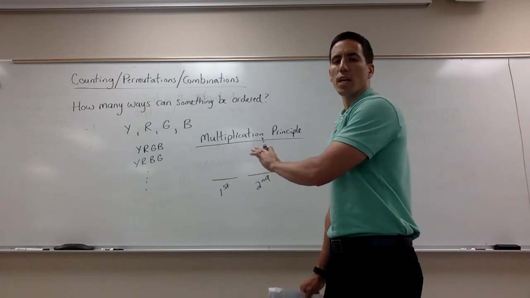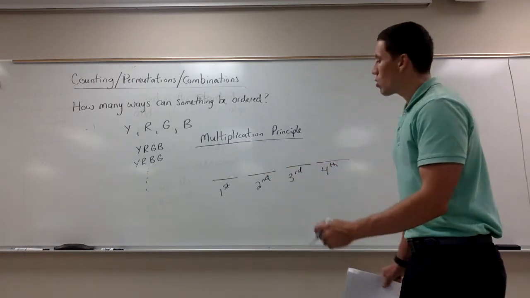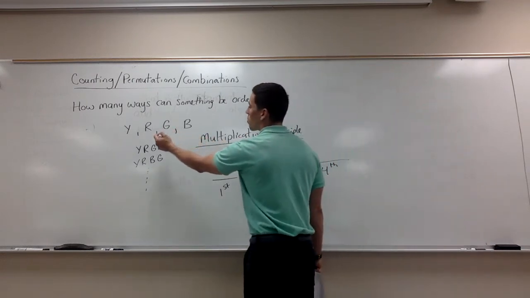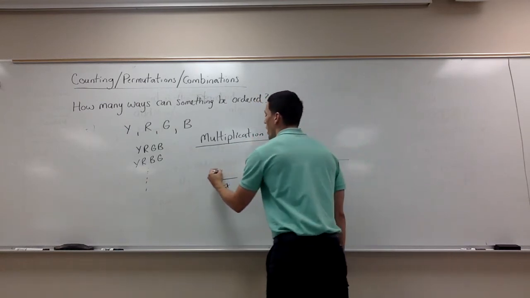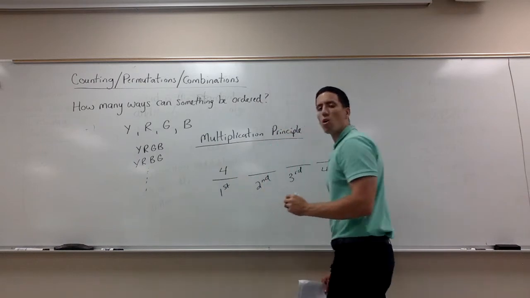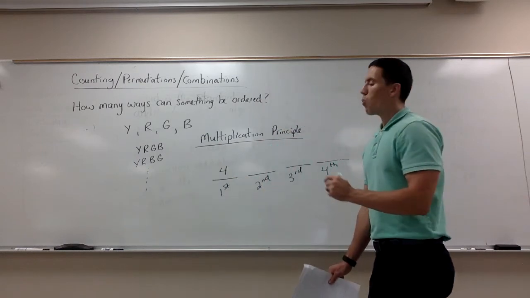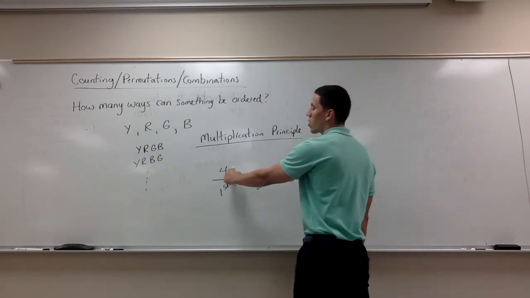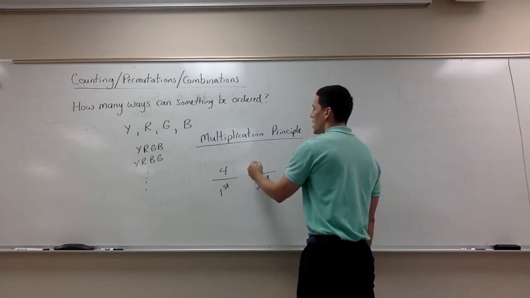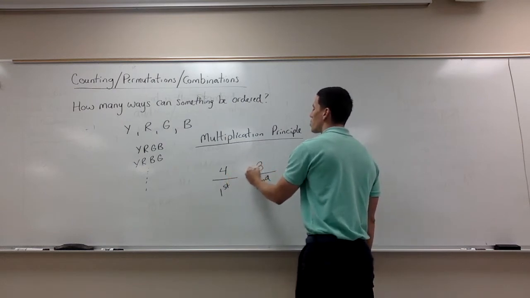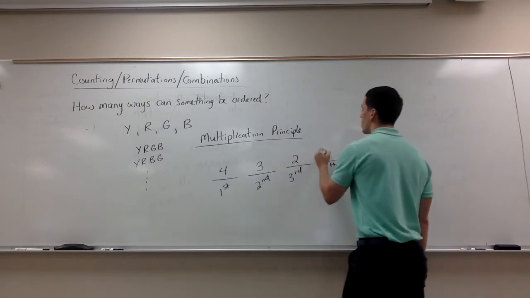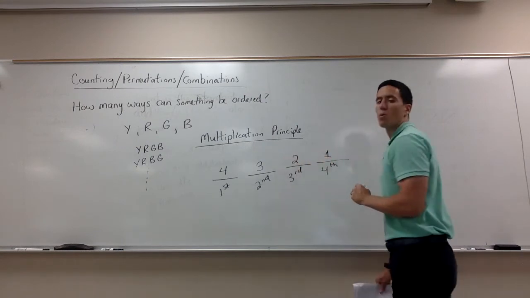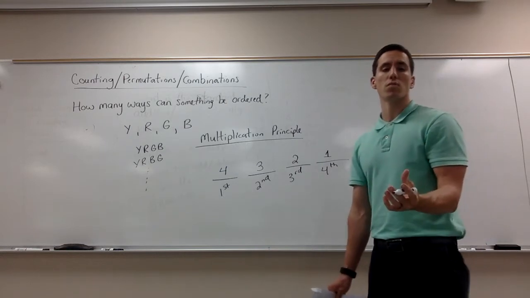So when we're choosing from yellow, red, green, and blue, and we're choosing the first tile to pick, we're always going to have four choices because all four of them are available. Once we've chosen one, regardless of which it is, for the second tile we now only have three choices available. And then third, we only have two choices available, and then finally for the fourth we only have one choice available.